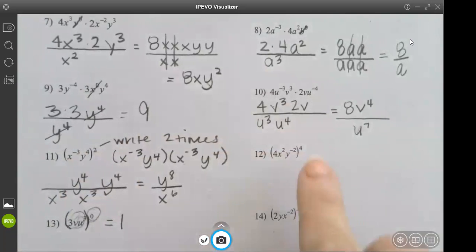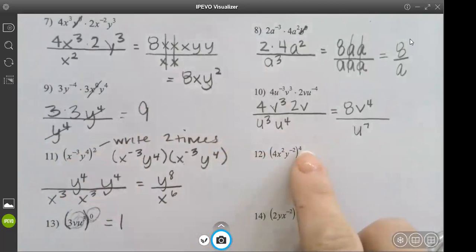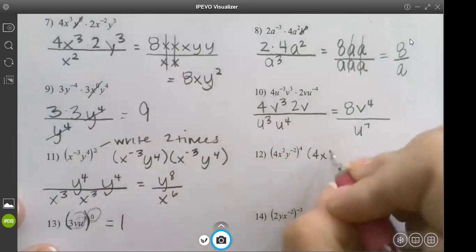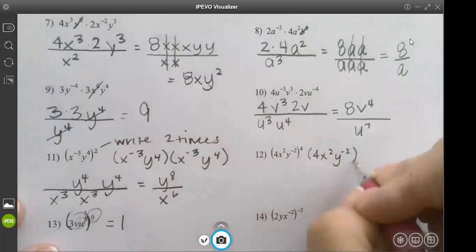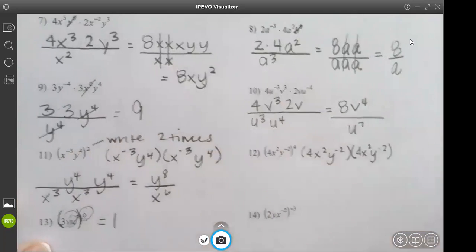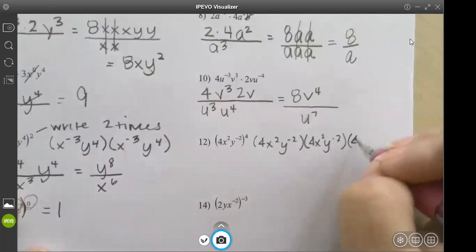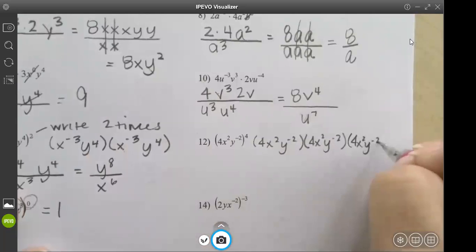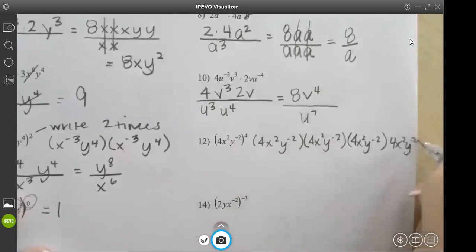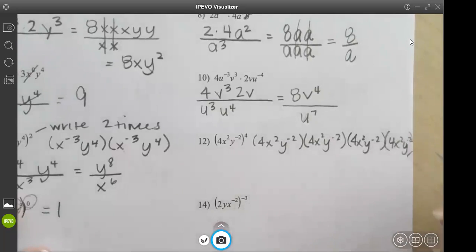So what does the next one tell you to do with a 4 up top? Write it 4 times. So 4x squared, y to the negative 2, written 4 times.